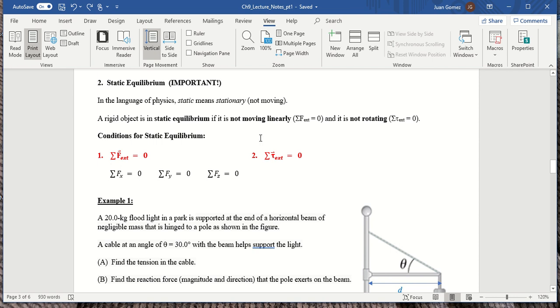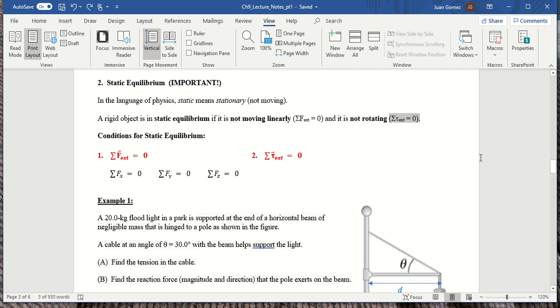But a rigid object is in static equilibrium if it's not moving linearly, meaning the sum of the external forces acting on the object must equal 0. And it's in static equilibrium if it's also not rotating. If an object is not rotating, that means the sum of the torques acting on the object must equal 0.